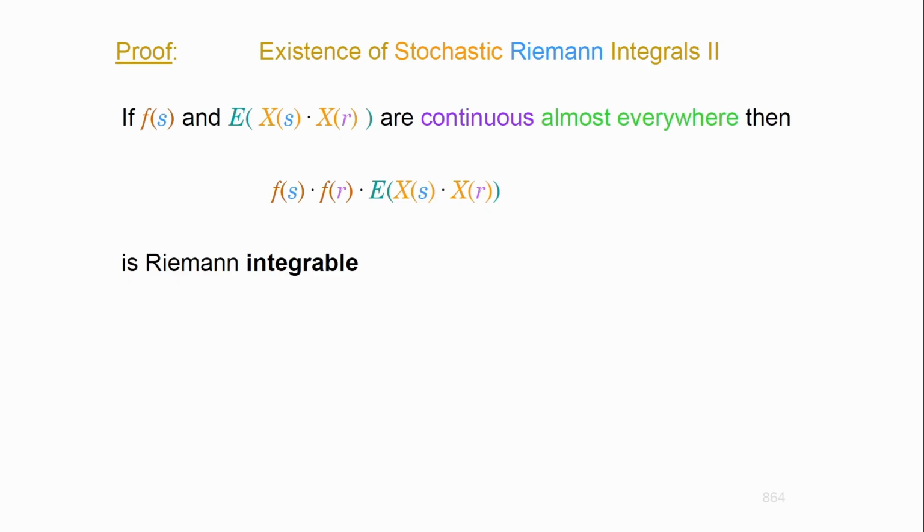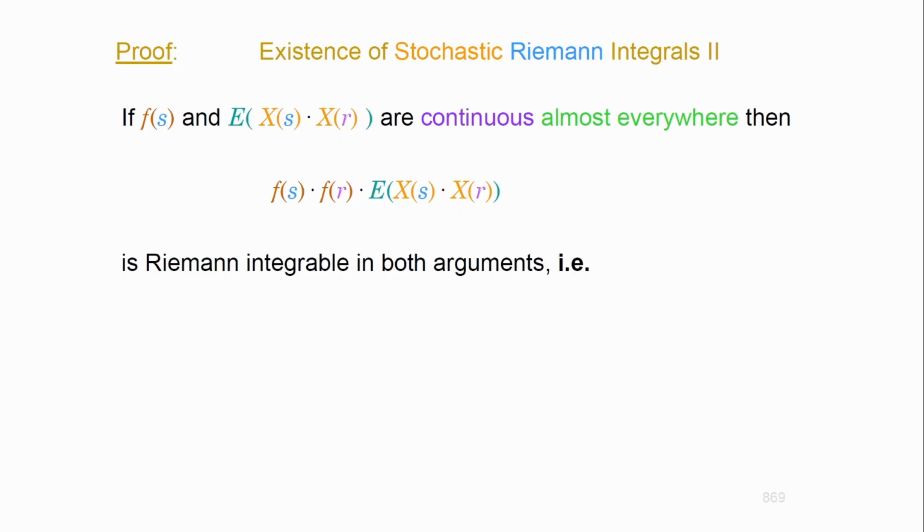Gamma depends on s and it depends on r, so two different things. If this function is continuous almost everywhere with respect to s and with respect to r, then it's going to be Riemann integrable in terms of that double integral that you just saw. So it's going to be Riemann integrable in both arguments.